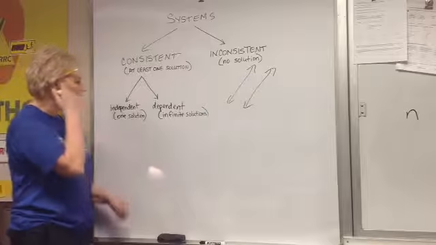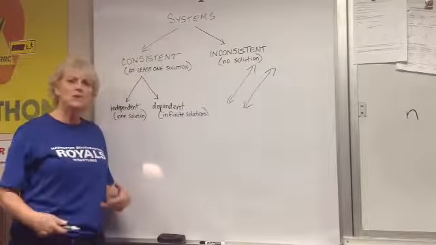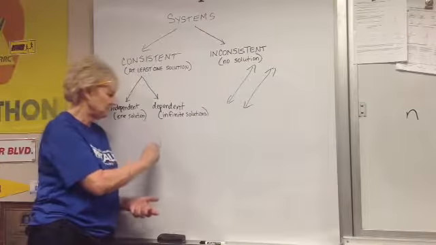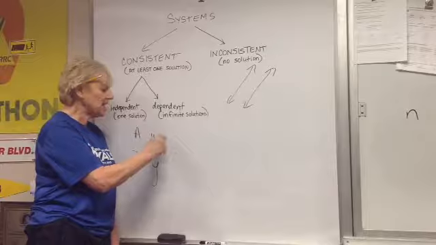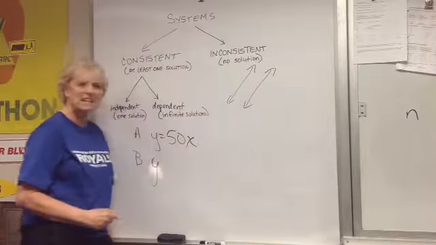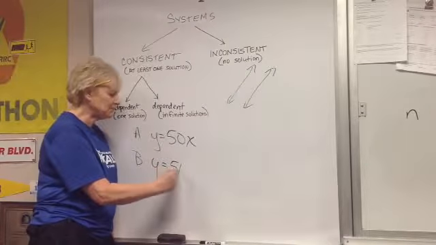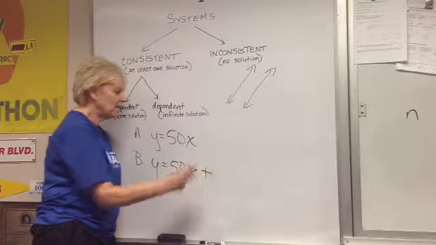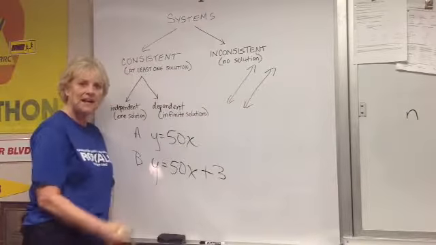Now, let's talk about one solution. When you're doing a story problem, let's say you have two copy machines, copy machine A and copy machine B. This copy machine is making 50 copies a minute. And this copy machine is making 50 copies a minute, but when you went over to work with both of them, this one already had 3 copies made.